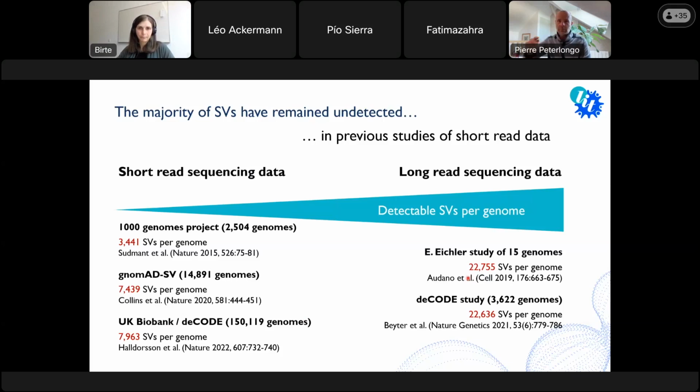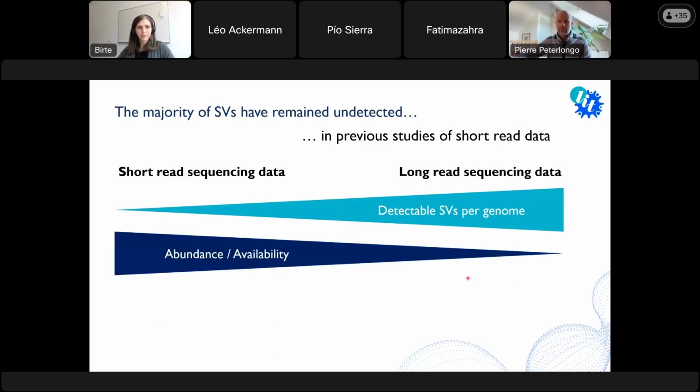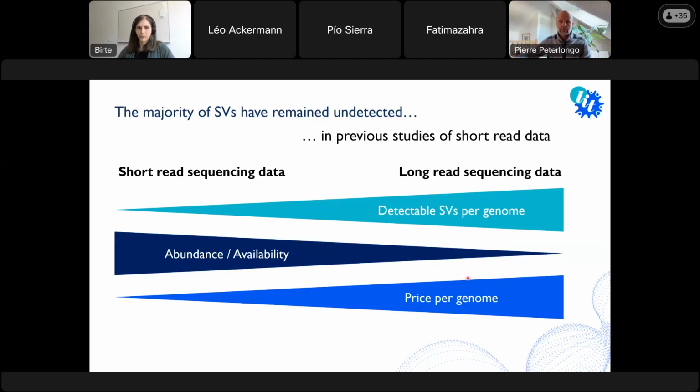So this is really in favor of using long read sequencing data for studying structure variants, and especially the complex structure variants. But there are also other things you need to consider when studying such variants, and one point is that the abundance and availability of short read data is still so much better than for long read data, and that's because the price is still higher for long read sequencing than for short read sequencing.